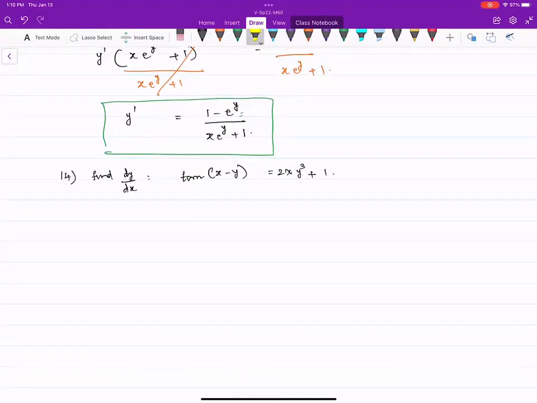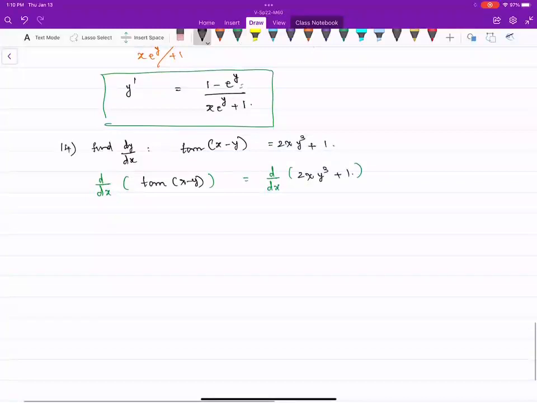As we normally do with implicit differentiation, we will take d by dx of the left-hand side, which equals d by dx of the right-hand side. The left-hand side is tan of (x minus y). The right-hand side is 2xy cubed plus 1. What is the derivative of tan of something?